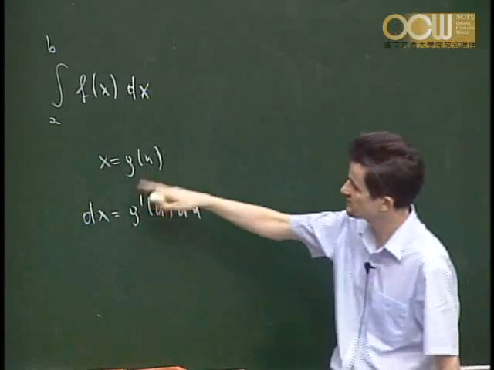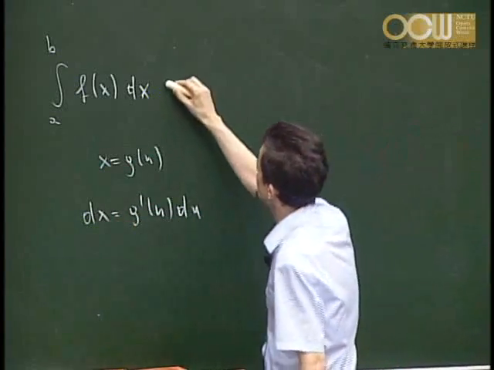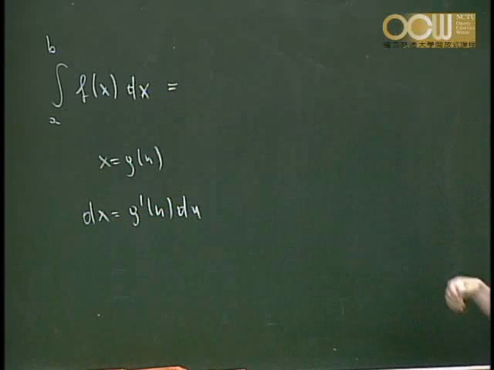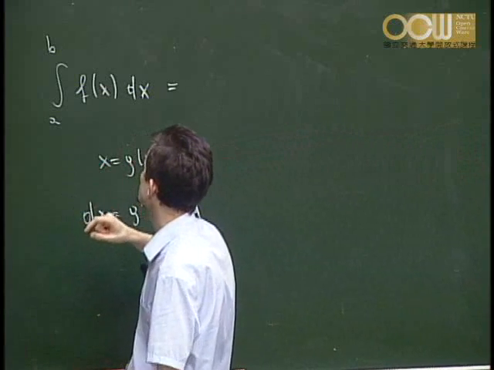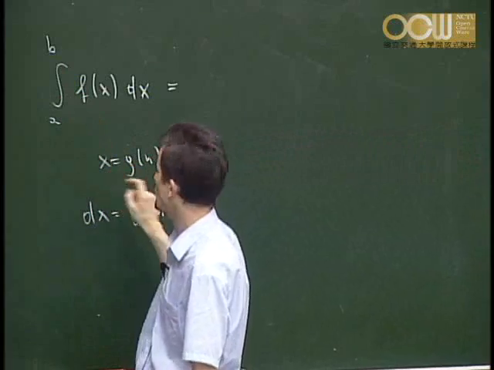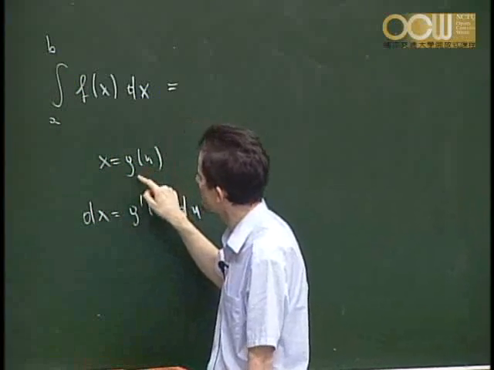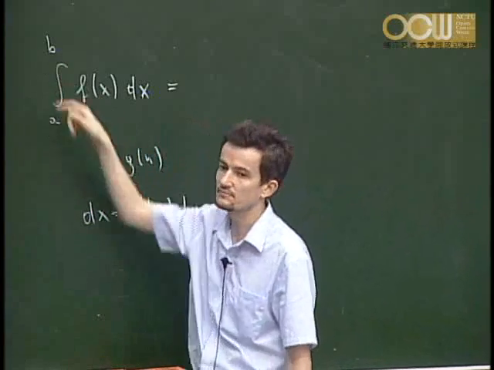But of course, this is just formal what I'm doing here. And if we want to apply such a substitution, what we have to do is find values c and d which, if you apply g, get mapped onto a and b.